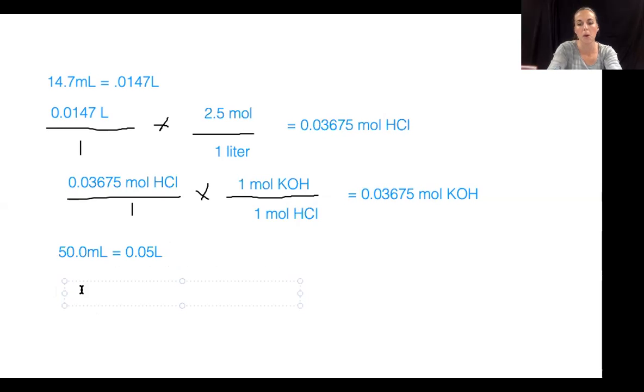So I'm going to take my moles that I figured out, moles divided by 0.05 liters in your calculator. And that's going to give me 0.735 molarity, because I have moles per liter.